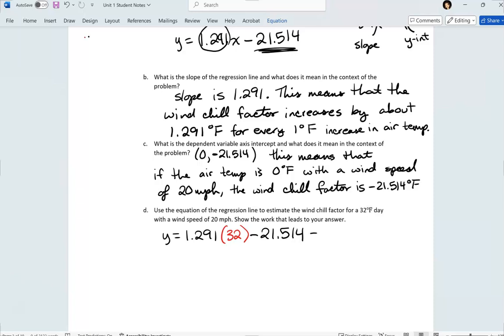Now when we do this math, we get 19.798. So the wind chill factor is 19.798 degrees Fahrenheit when the temperature is 32 degrees. That's it. Fairly painless.